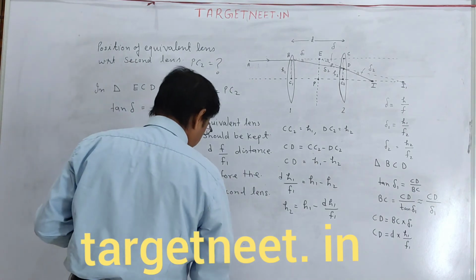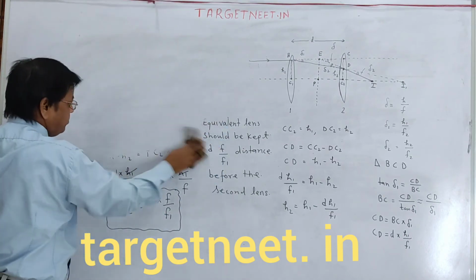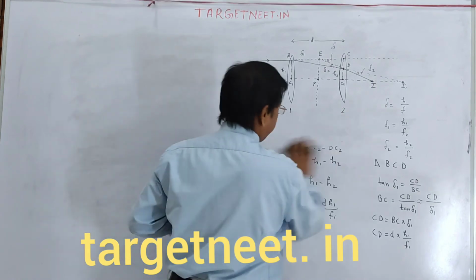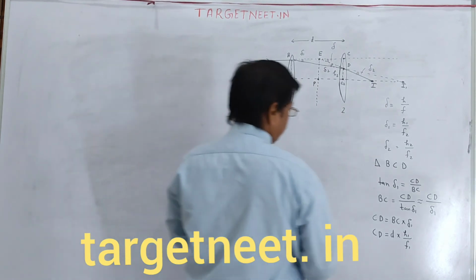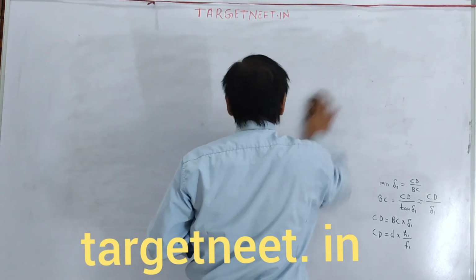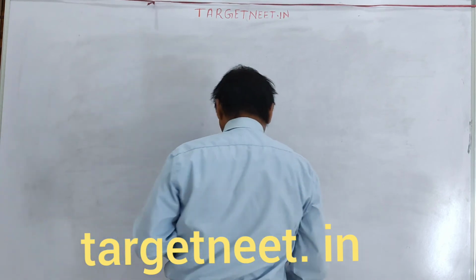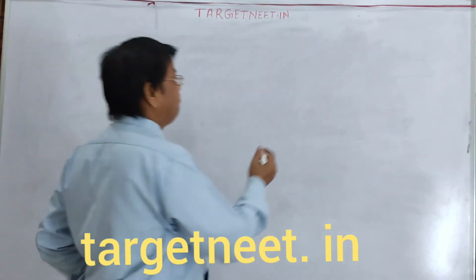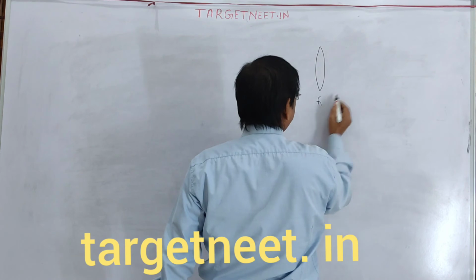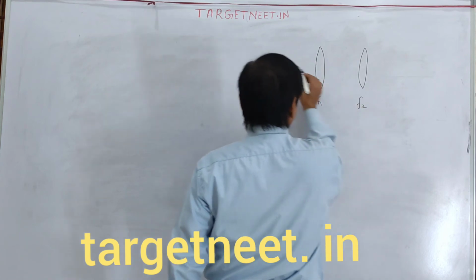Now let us see one question on this. It is given that two convex lenses of focal lengths f1, f2 are kept d distance apart coaxially.